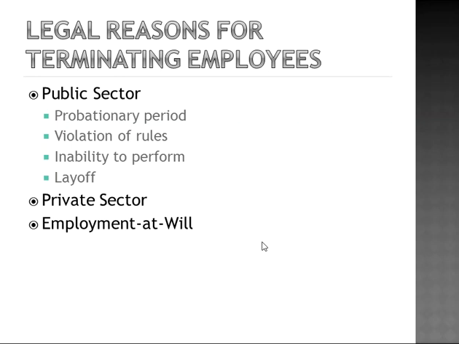Now, this does change depending on the state you're in, where there's a lot of union activity, where a union contract in place will determine the factors that can be involved in letting someone go. That makes things a little more complicated from the organization's perspective because of this third party involvement. It's not just the employee and the organization, it's the employee, the organization, and the union, which has a lot to say with it.